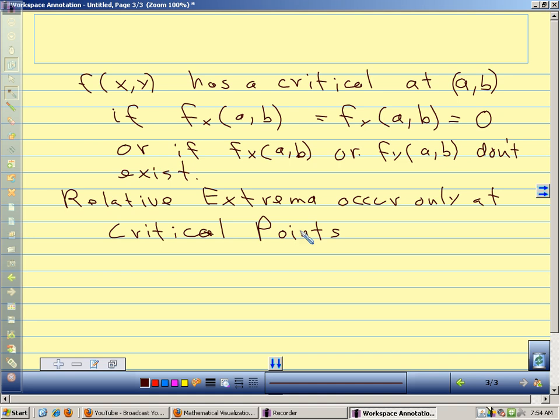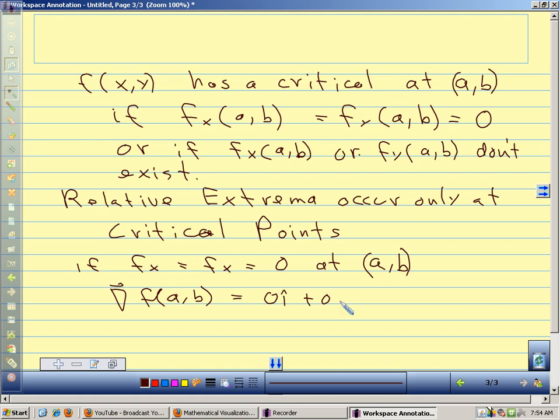And like we talked about yesterday, if f sub x and f sub y are both 0, then our gradient at (a, b) equals 0i plus 0j.